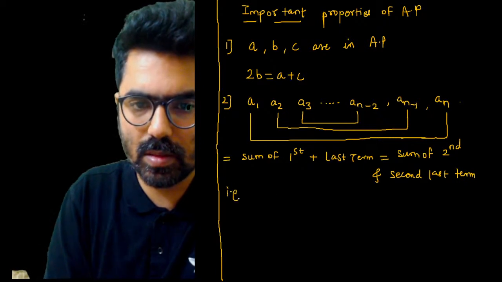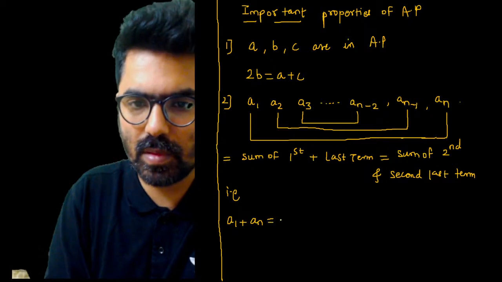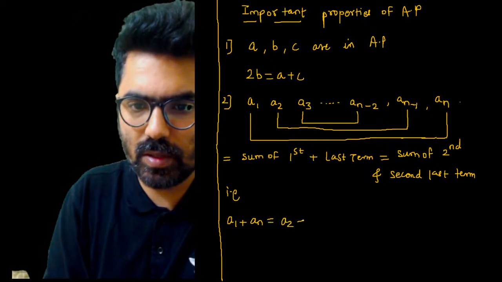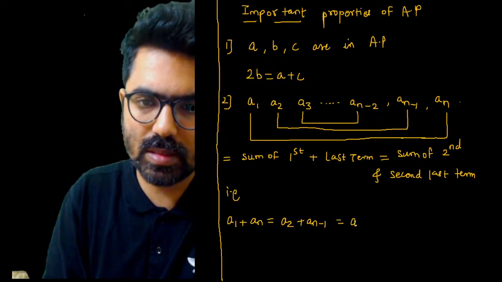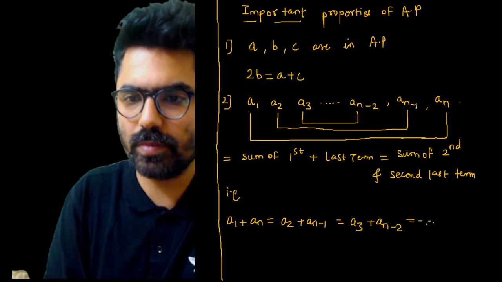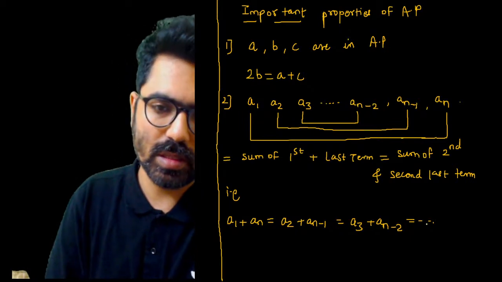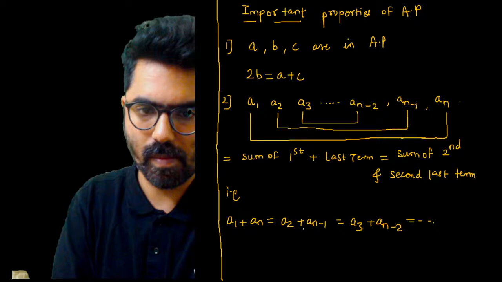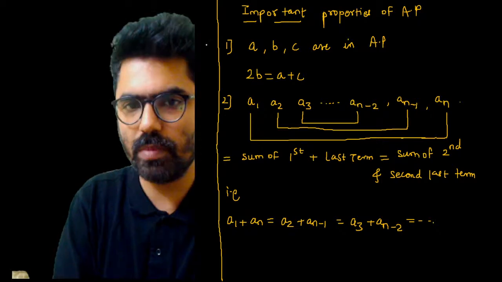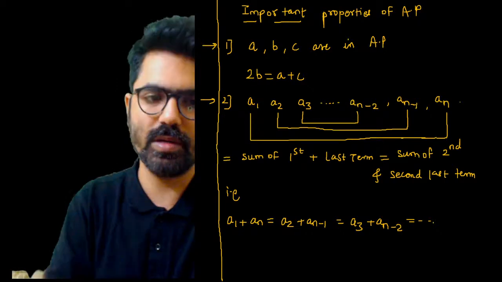That is a1 plus an is the same as a2 plus a(n minus 1), which is the same as a3 plus a(n minus 2), and it will keep on going. If the last member remains, then the last member is added to itself. This is an important property of AP. There are a few more; we'll go on to the next slide and read them.